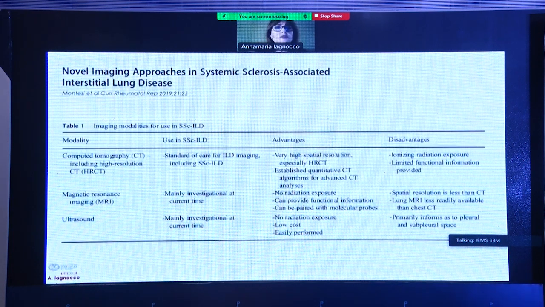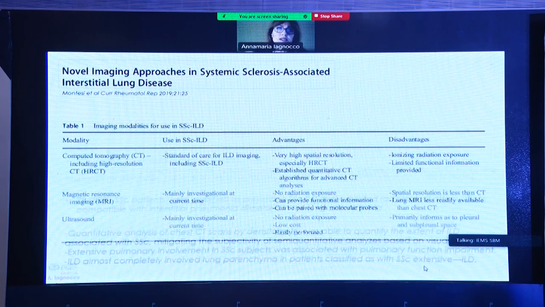And we have different modalities that have been used, being the CT scan, including high-resolution CT, the standard of care for the assessment of interstitial lung disease. But we also have new applications with MR and ultrasound that can have the advantage of not having radiation exposure, but also showing different pathological manifestations.